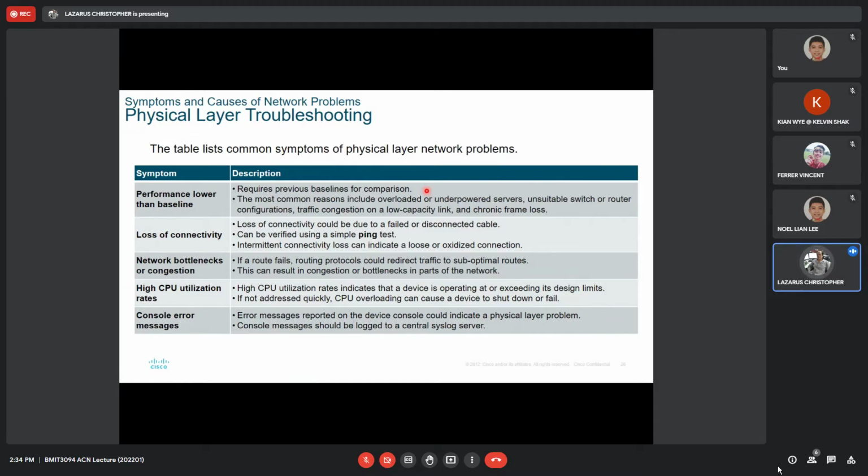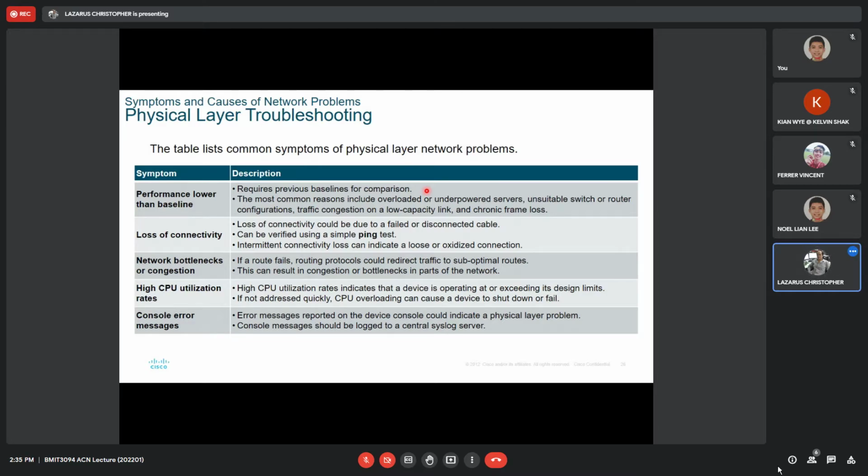Your server becomes overloaded, or is now considered underpowered, due to the increase in the number of transactions, perhaps. Maybe also the switch or router is overwhelmed already. Due to increased traffic, there's traffic congestion. So the switch you purchased is no longer able to sustain it.